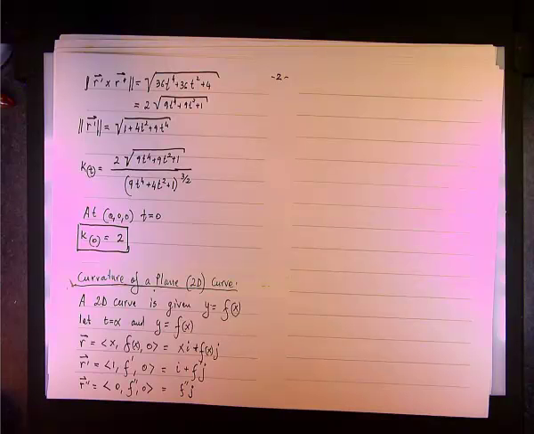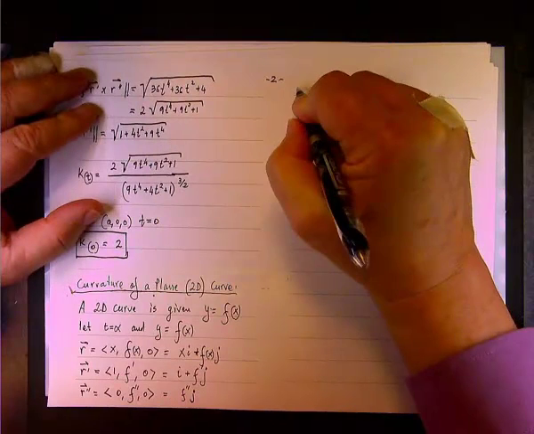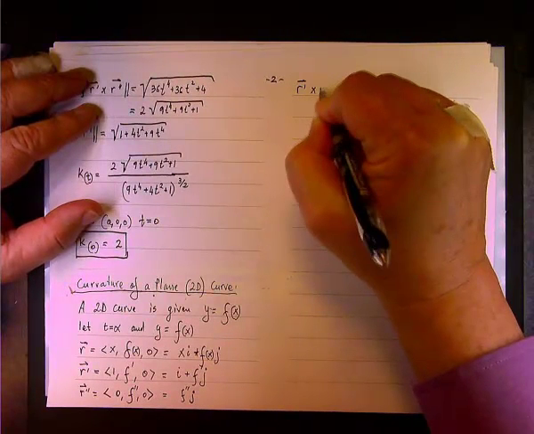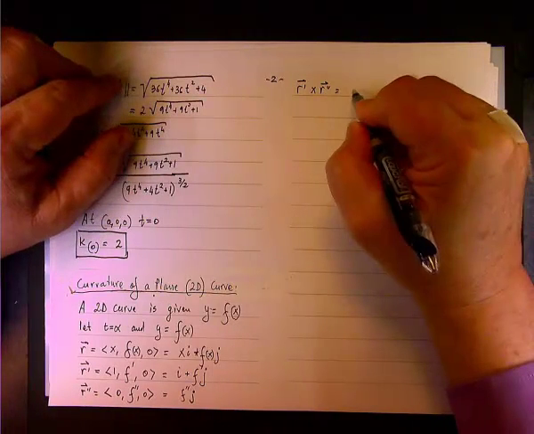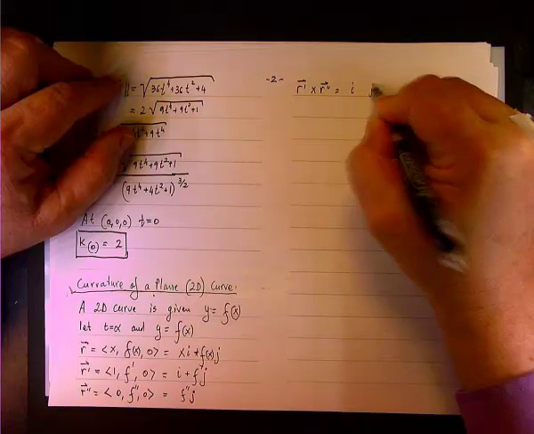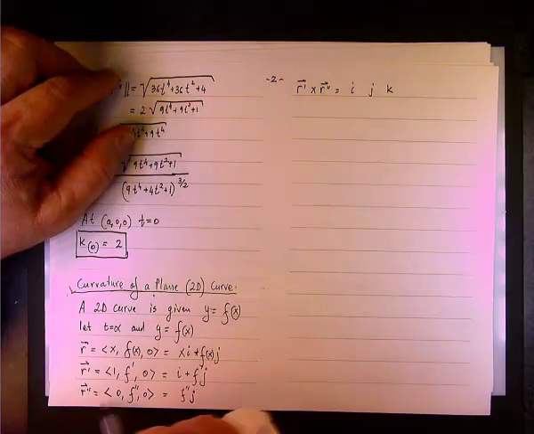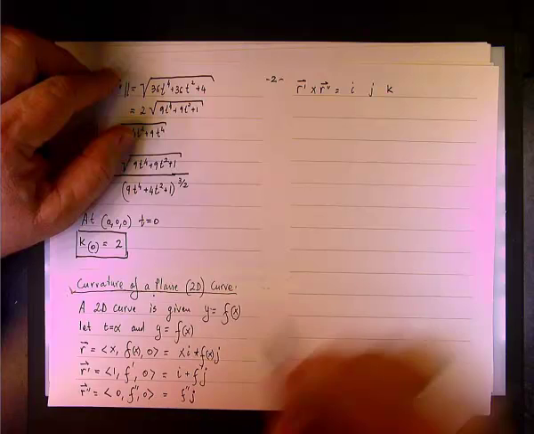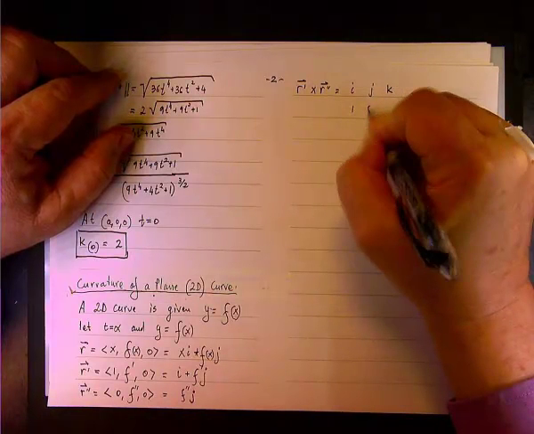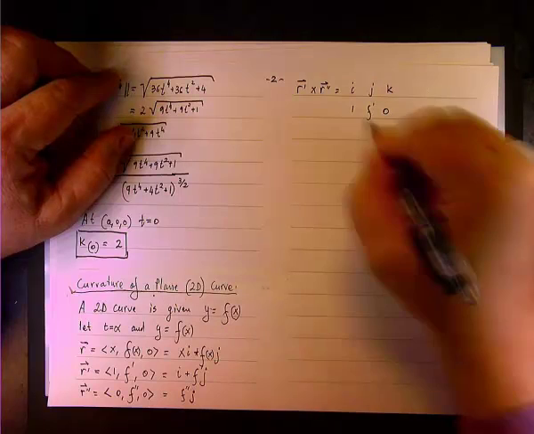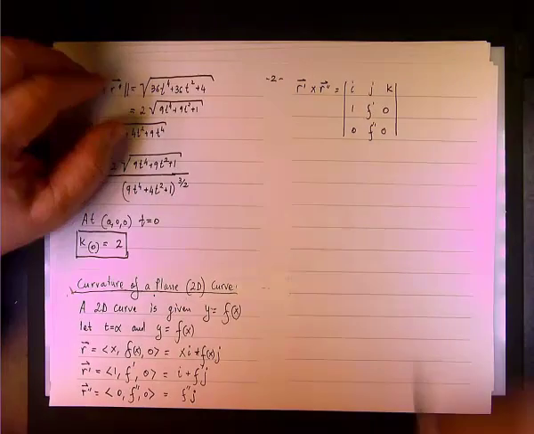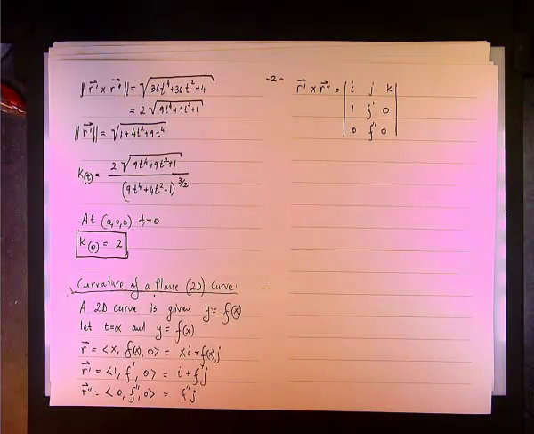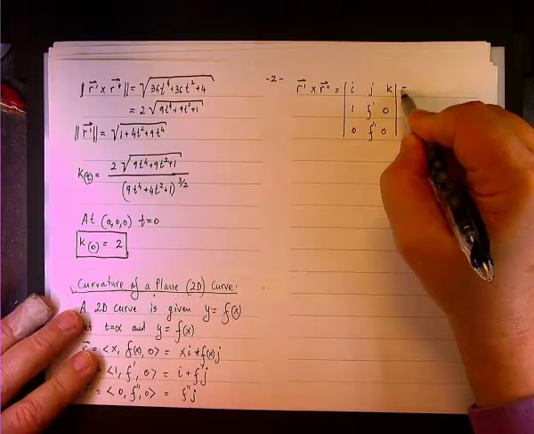And now we can go ahead and perform the cross product as we did before. If you do the cross product r prime cross r double prime, we have the ijk notation, and r prime will be 1, f prime, 0, and r double prime will be 0, f double prime, 0.